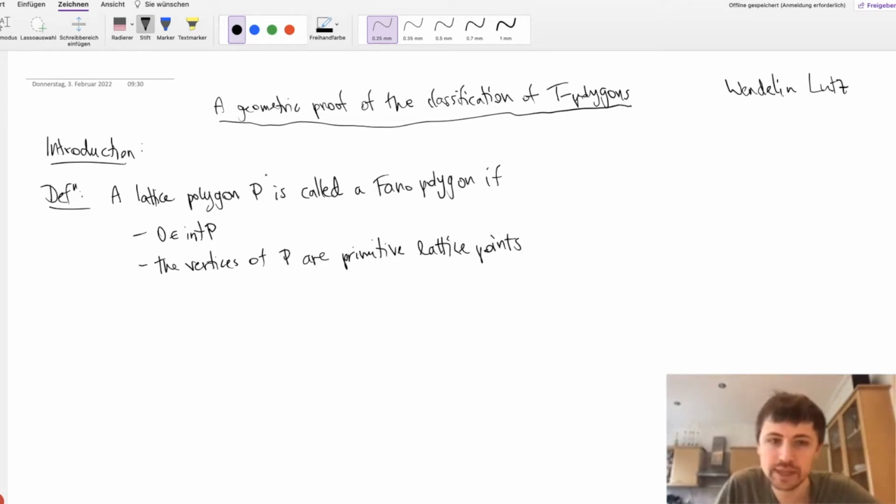I should say the polygon is inside a lattice N. That's a Fano polygon.